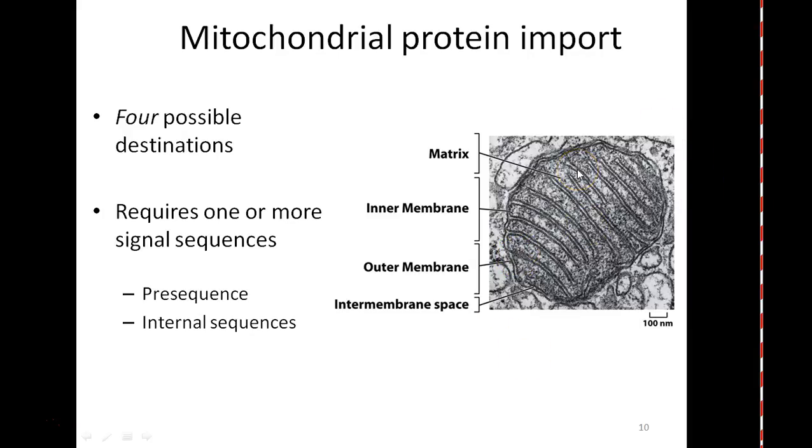For example, we have electron transport chain proteins, or ATP synthase. All of those are very important proteins, and they have to be successfully embedded into the inner membrane. Also the outer membrane, the area between the inner and outer membrane, the intermembrane space. So 4 possible destinations.